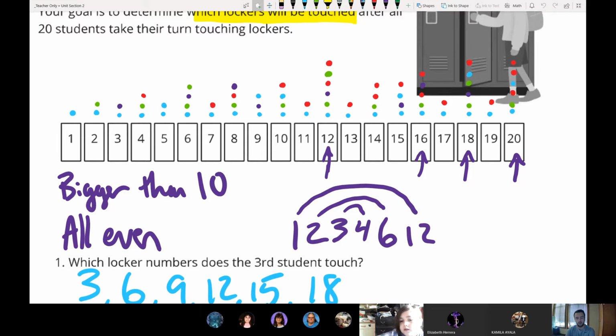What do you notice about the number of times that the locker was touched, the number of dots, and how many factors it has? What do you think?